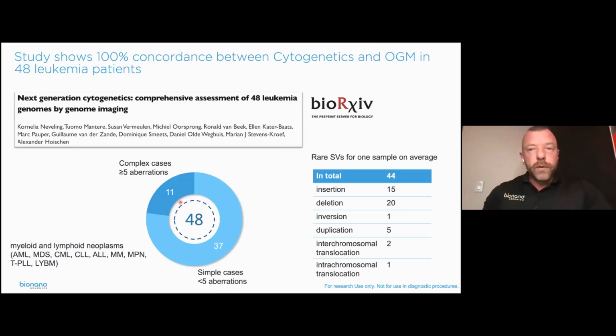Now, let's switch over to heme malignancies and cancer. The first study I want to show you is from Radboud University in the Netherlands, where 48 leukemia patients with a variety of different diseases were tested using optical genome mapping. And I'll show you a couple examples, but the title already points out that, again, there was 100% concordance between the standard of care, which is karyotyping, and a number of FISH tests and microarray combined for complex cases and simple cases.